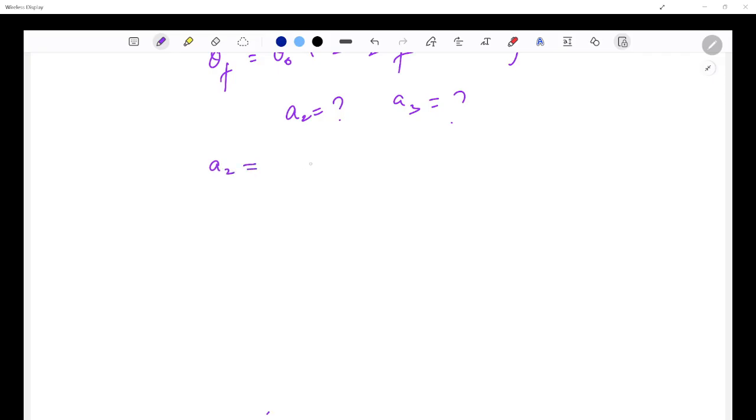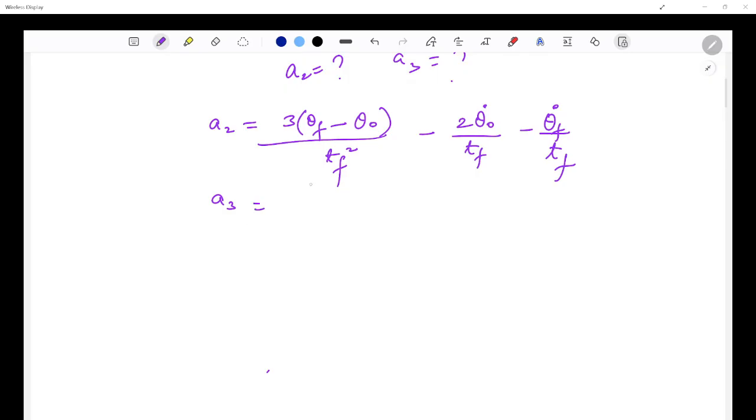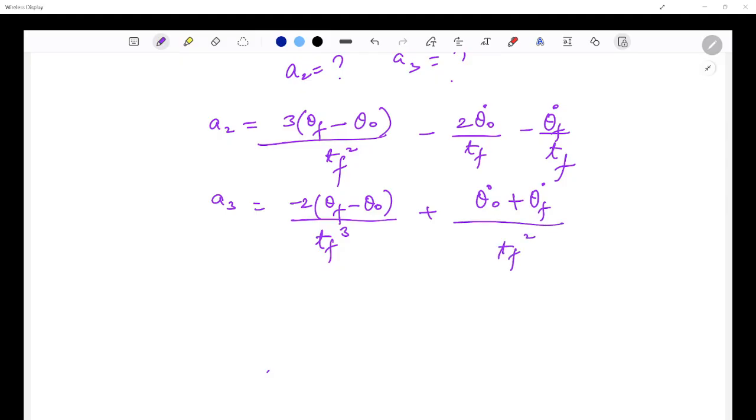So a2 should come out to be 3 times theta f minus theta naught by tf square, minus 2 theta naught dot upon tf, minus theta f dot upon tf. And a3 would come out to be minus 2 times theta f minus theta naught upon tf cube, plus theta naught dot plus theta f dot upon tf square.